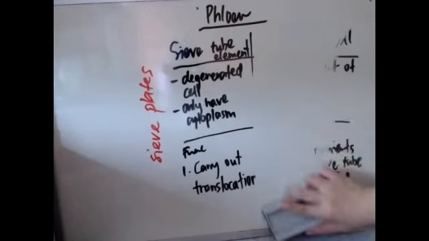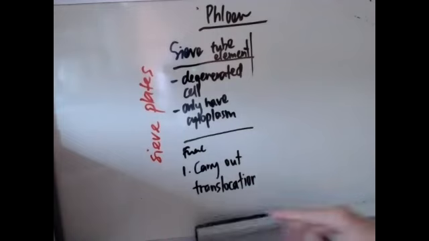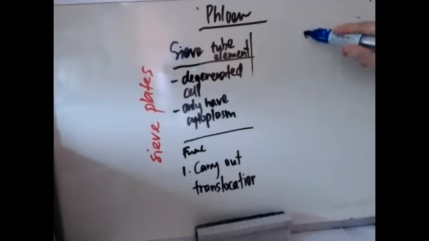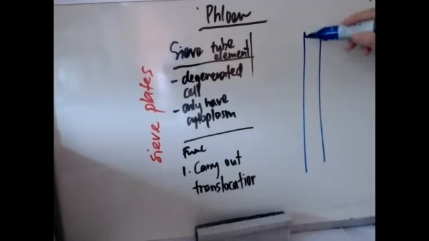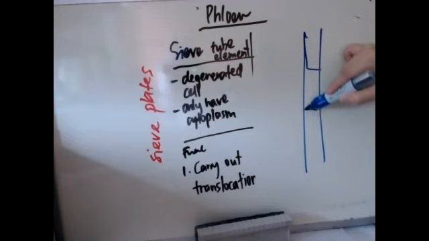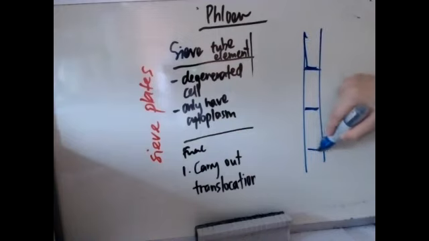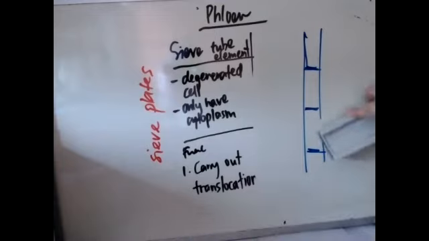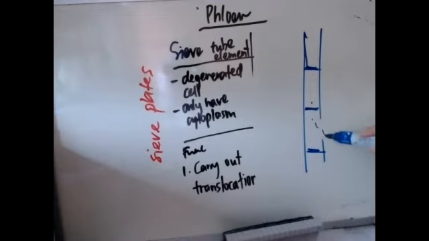So you might be wondering how it works. Just imagine this is the sieve tube element. Sieve tube elements have sieve plates. So these are the plates. If there is damage here, food starts to flow out. The sieve plates will seal up this part and also seal up this part.